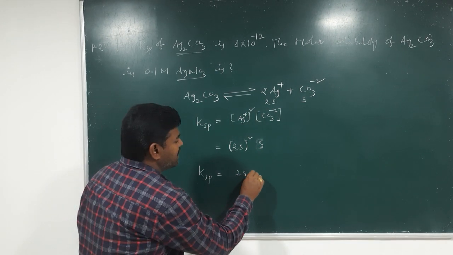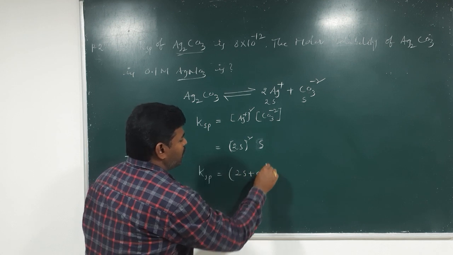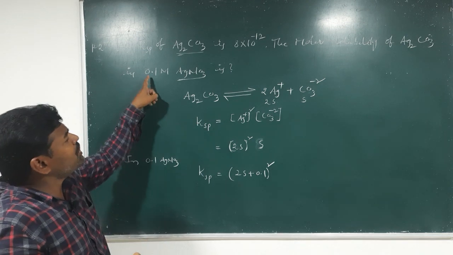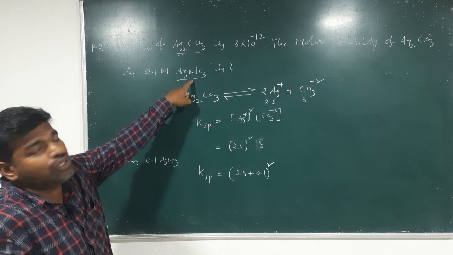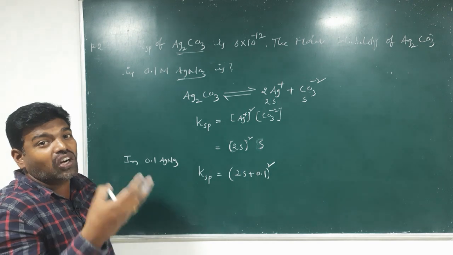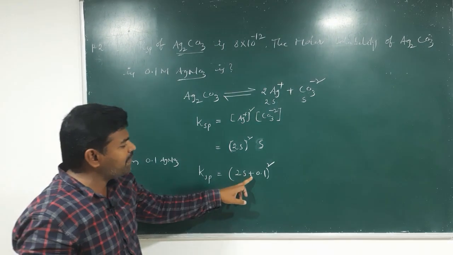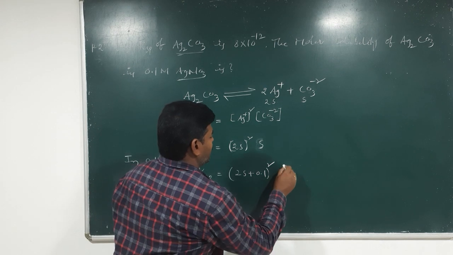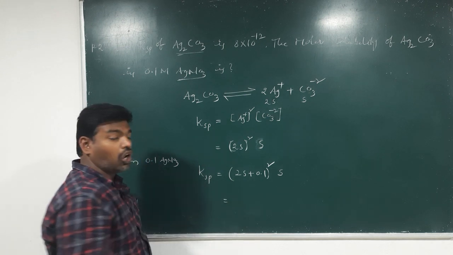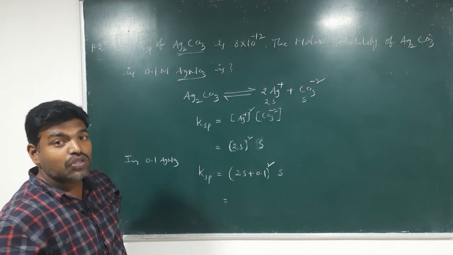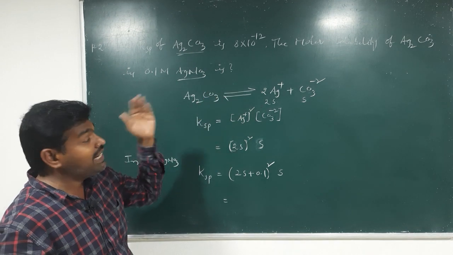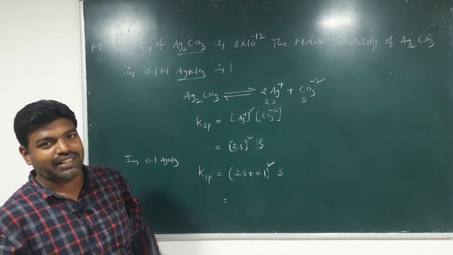So this much amount adds, because we are adding 0.1 molar AgNO3 solution to Ag2CO3, that is, we are increasing the Ag plus common ion concentration, right? So 2s plus 0.1. And you know one thing, when the common ion effect is there, solubility decreases, and the degree of dissociation is suppressed.